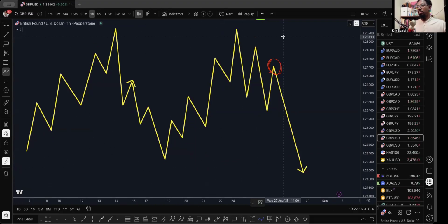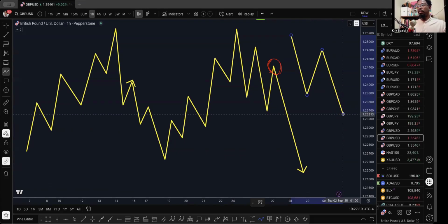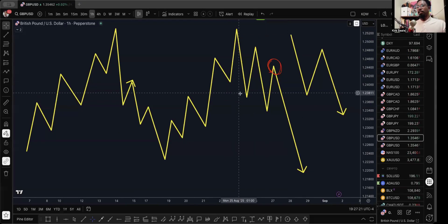You get this complete pattern happening. So you got two lower lows, a lower high, and you took the entry at the second lower high. Push down, lower high, lower low, second lower high, boom, took the trade.